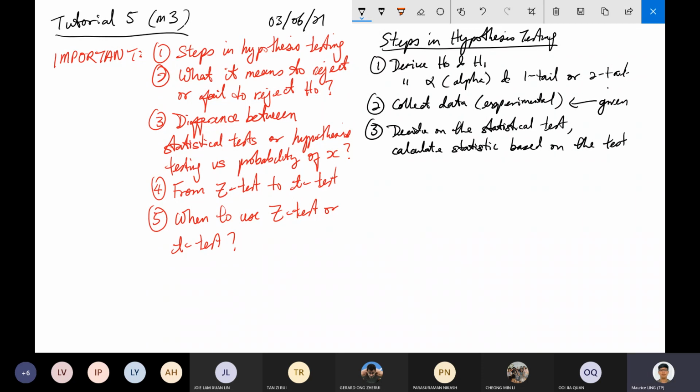Now, this is crucial. If you don't calculate the statistic based on the test, then you're going to get it wrong.